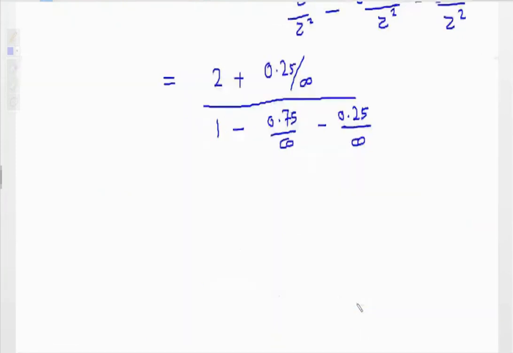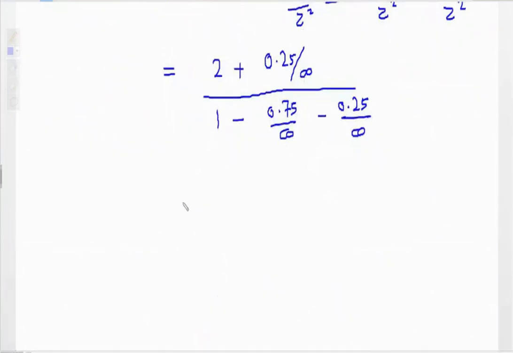That becomes 2 plus 0 divided by 1 minus 0 minus 0. The answer is 2 by 1. So the initial value is 2, because 0.25 upon infinity is 0.